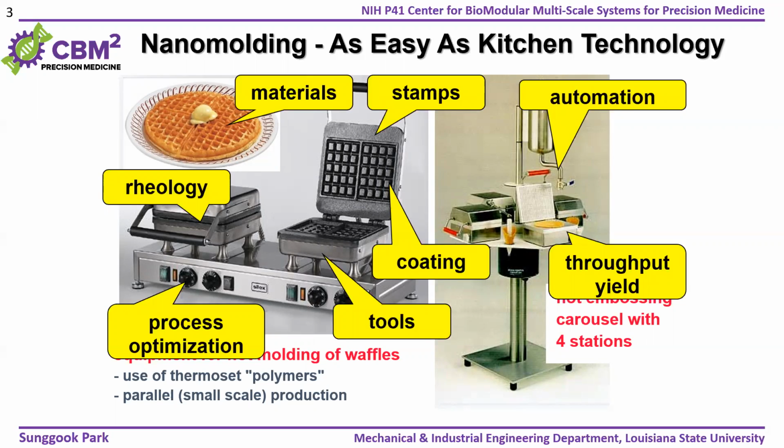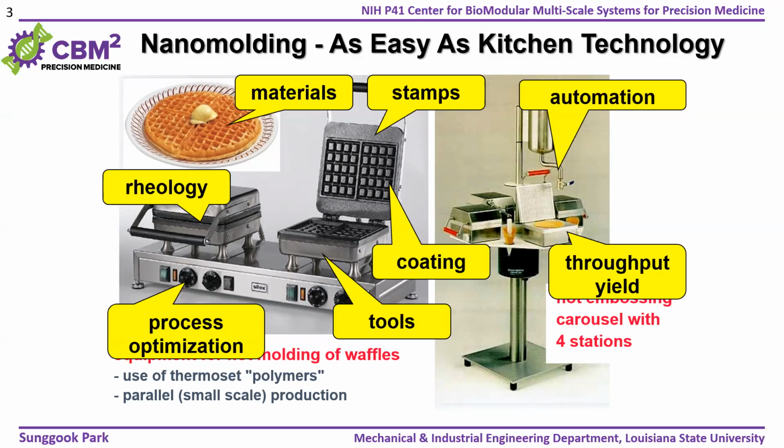So the mold itself is important. Sometimes we call it a stamp, sometimes we call it the mold. Normally what do you do on the mold surface? You put oil, right, to prevent stiction. So the surface coating is important, and this tool itself is important.